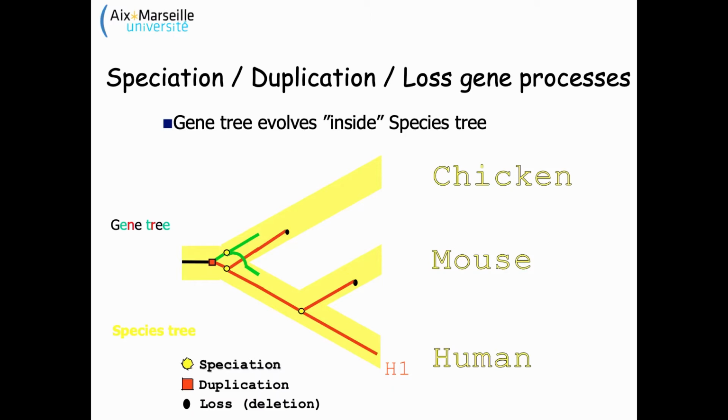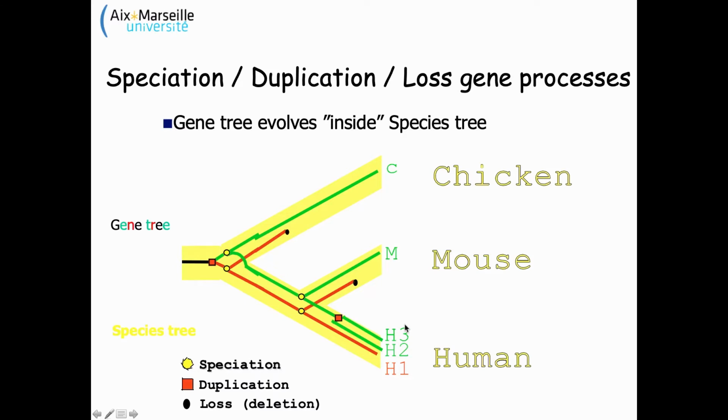It's okay? But in human, it's still useful until now. So you found a copy of H1 in human. And then what about the green one? The green one has its own evolution models here, and then you find a copy in chicken, a copy in mouse, but during the branch of human, you have another duplication, but only inside human, to get two more copies in human.